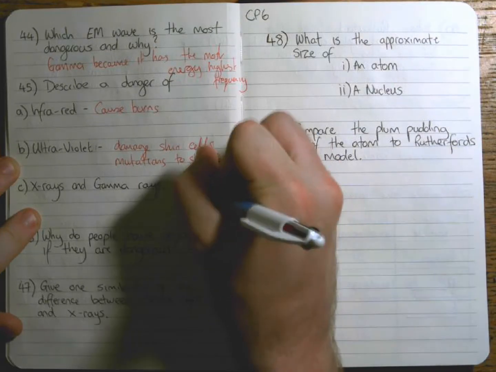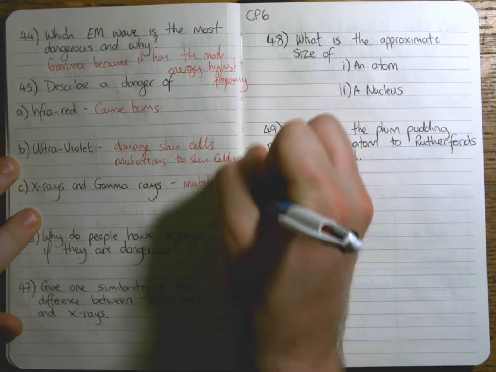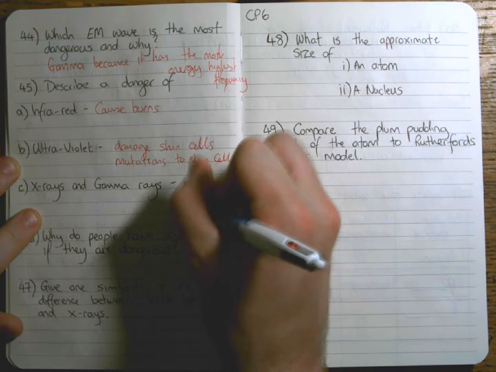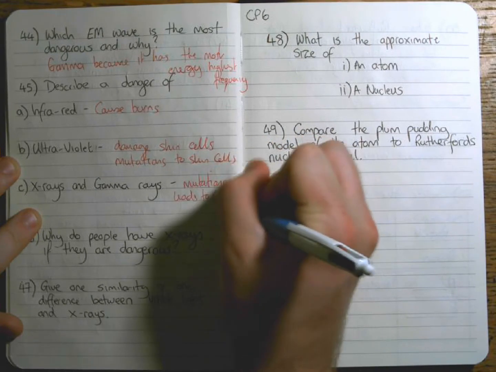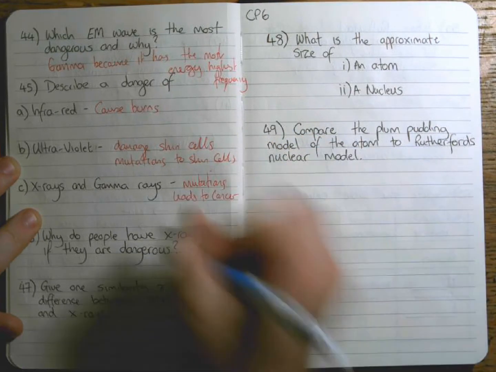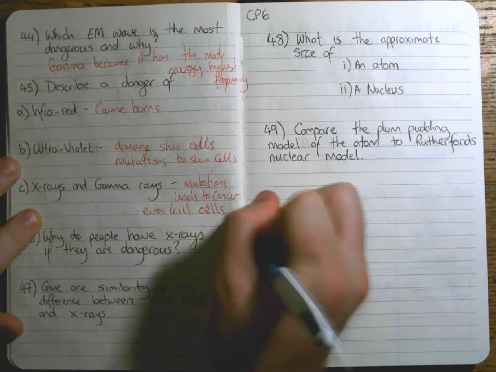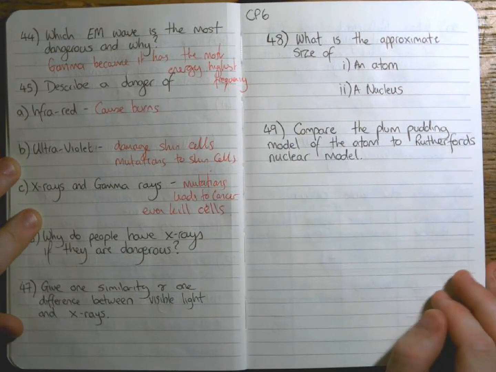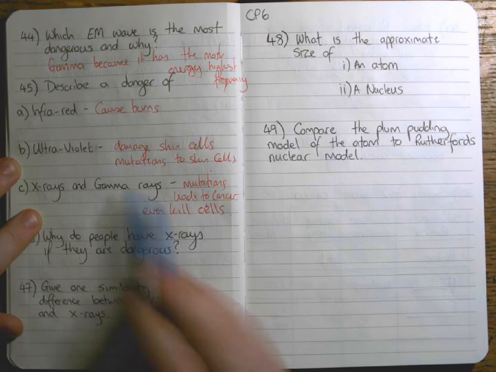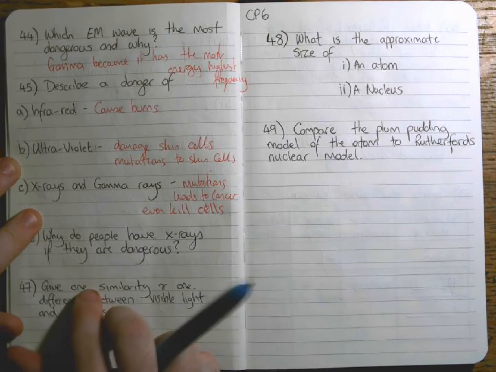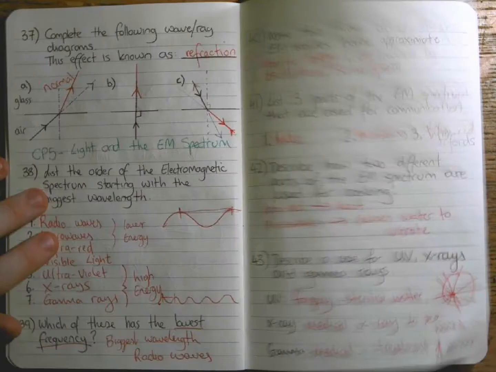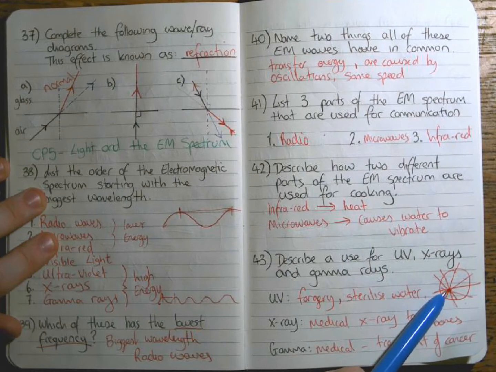So they can cause mutations which leads to cancer, or they can even kill cells. So there's a danger that gamma or X-rays can kill cells, and we can say that's dangerous, but actually in medical terms, if we use gamma to treat a tumour, we're using gamma to kill cells, but it's for a good reason.